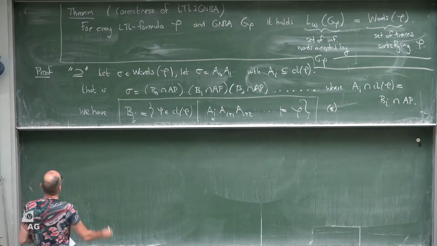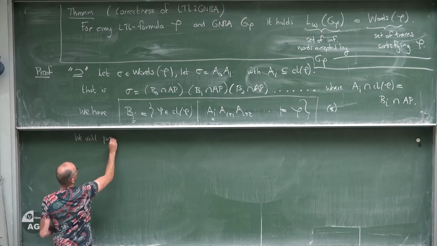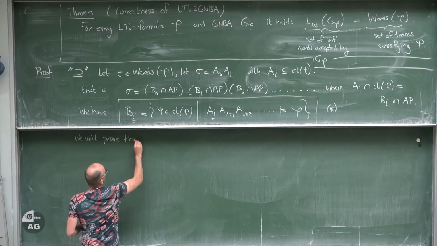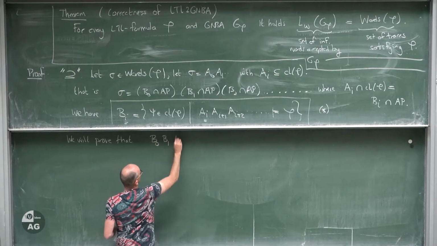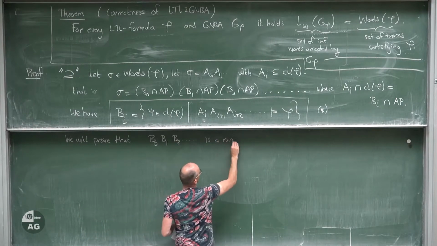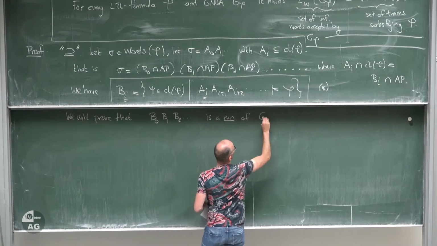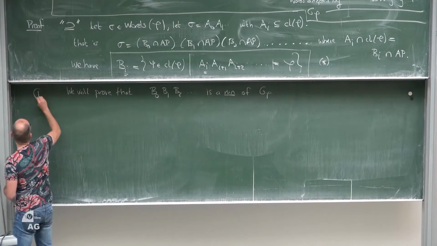Good. Now what we will prove is that the sequence of B's, so B0, B1, B2, is a run of the automaton G of phi. That's the first thing I'm going to prove.